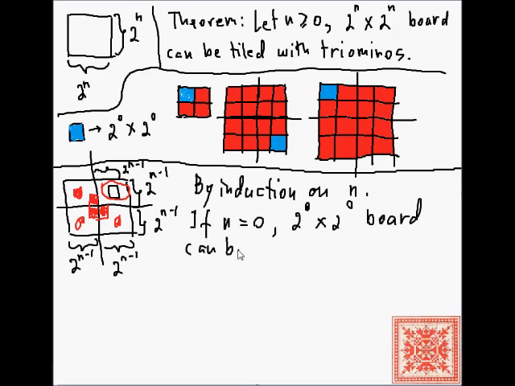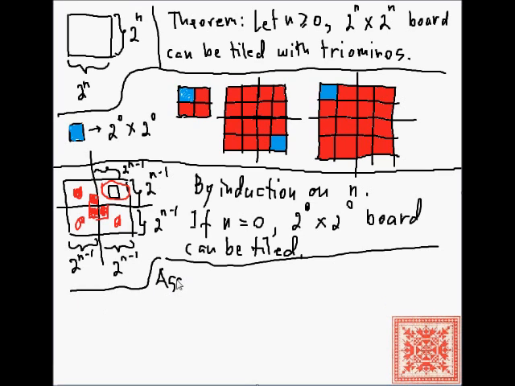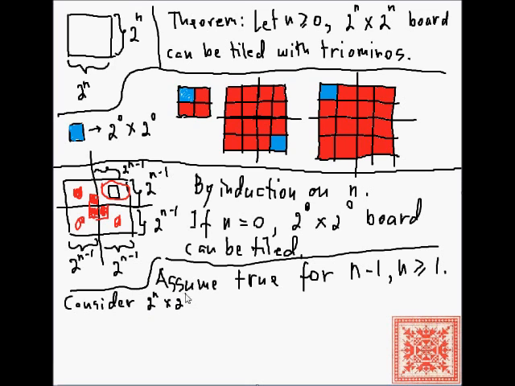For the inductive hypothesis, we assume that we can do it on boards of size 2 to the n minus 1 by 2 to the n minus 1, that this can be done for n minus 1. And then consider the board of 2 to the n by 2 to the n.